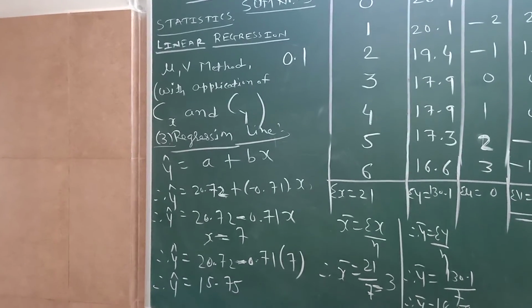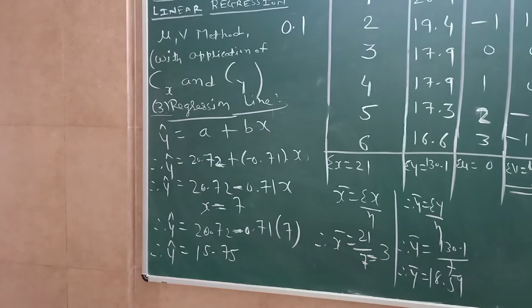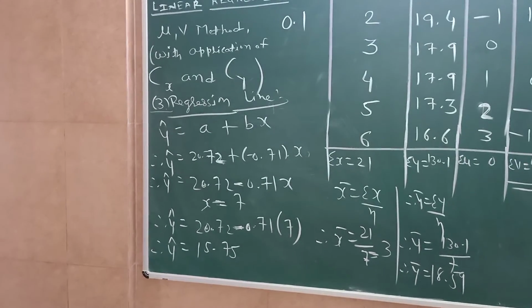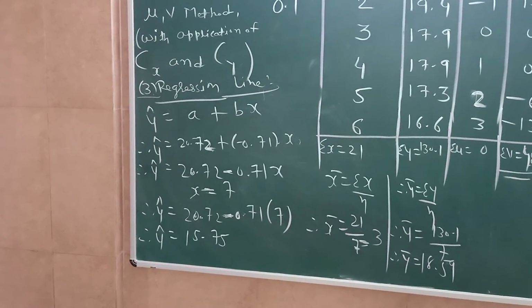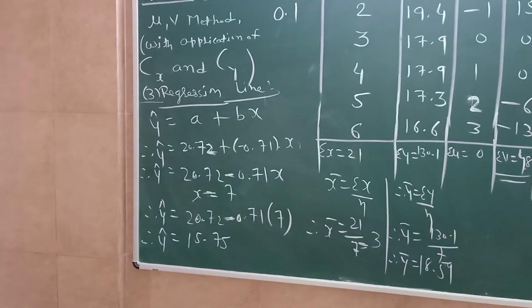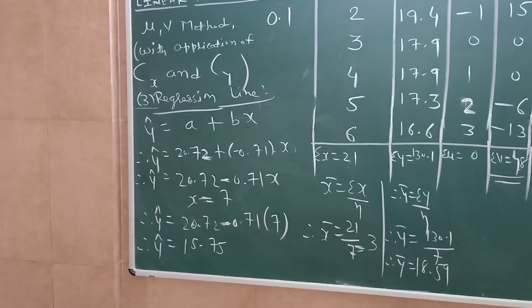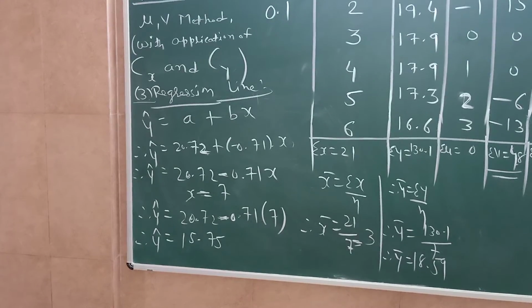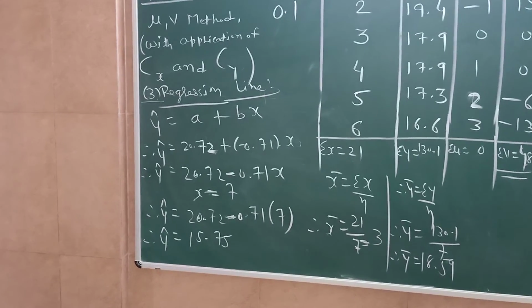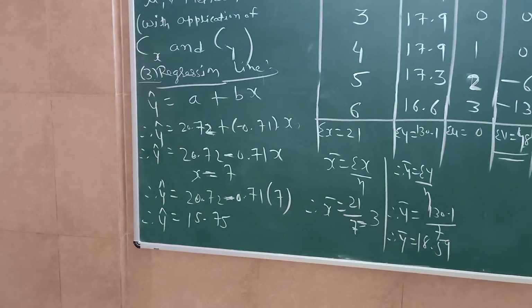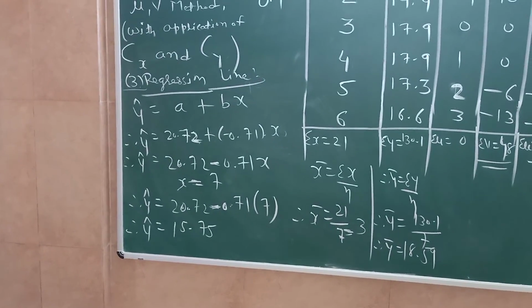And our last step is forecasting. They provide x equal to 7. Altitude 7 they provided, and we have to find the percentage of effective oxygen in the air. So we put 7 in place of x. Finally we got 15.75.